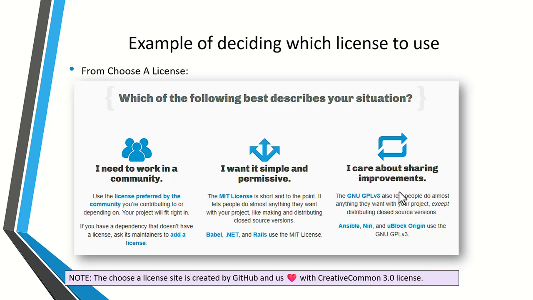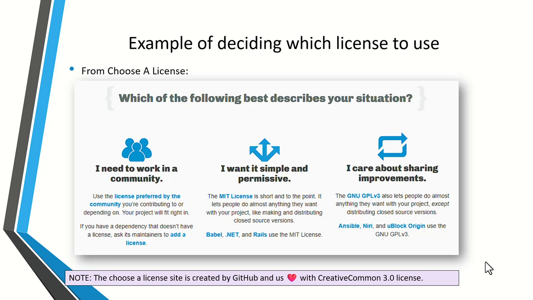You cannot make it a closed source. For example, Ansible and also uBlock Origin use the GNU GPL version 3. You see there's a version 3. GPL version 1 and 2 are also part of this category of copyleft licenses.